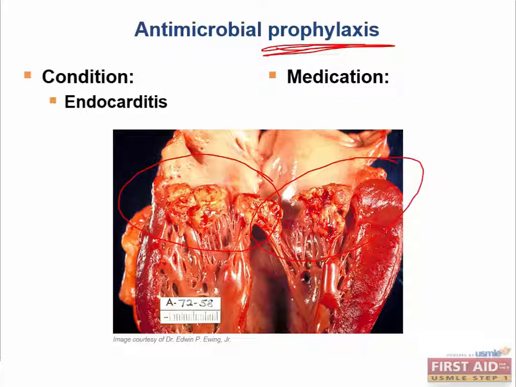Well, there are a number of them, but the most important ones are Staph aureus, viridans strep, Strep bovis, and enterococci. In order to try and prevent endocarditis in susceptible patients, a penicillin drug, such as amoxicillin, is typically administered before high-risk procedures, such as a dental procedure, for instance.